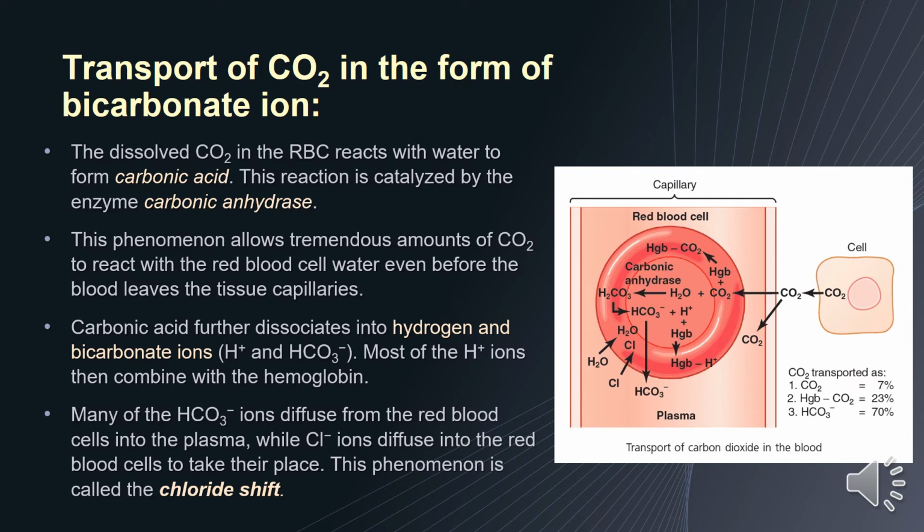This phenomenon is called the chloride shift. So please remember, at the tissue site, a huge amount of chloride ion gets inside red blood cells. And the contrary will happen when the blood reaches the lung. There, chloride ion will diffuse out of red blood cells and the bicarbonate ion gets in, as one will see soon later.